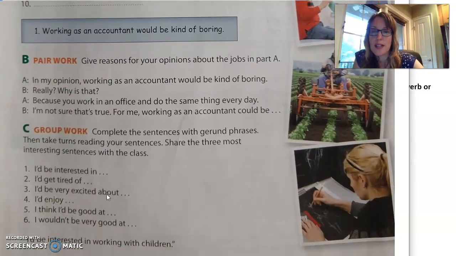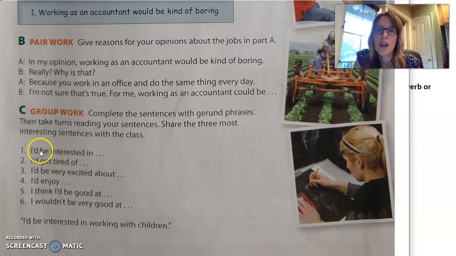Now if we look down at the bottom of the page, they want you to complete the sentences with gerund phrases. So you would finish the sentence with a gerund phrase. So for example, we're talking about jobs. So I'd be interested in, I'd be interested in doing creative work.